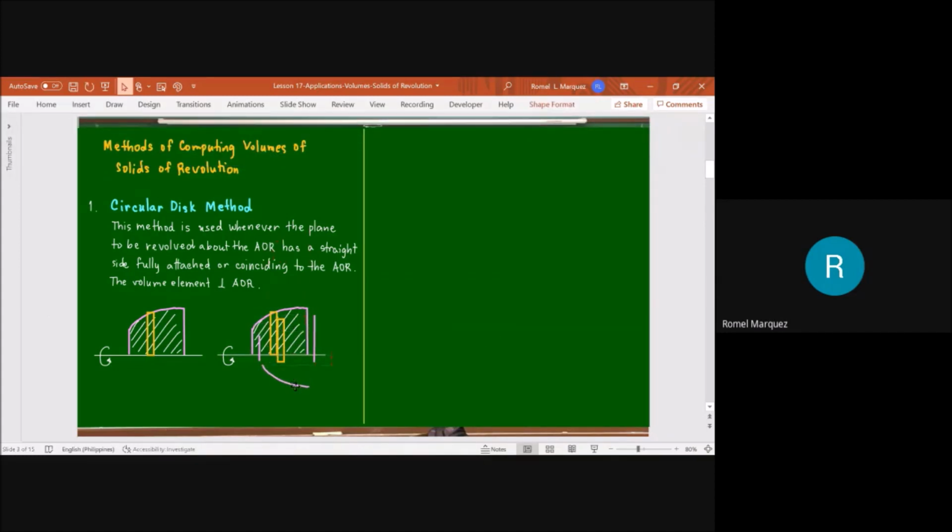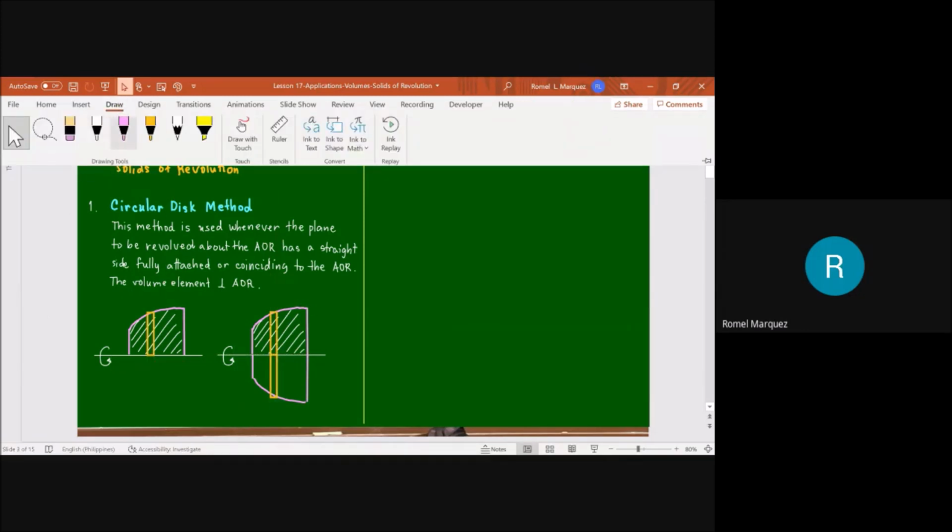Okay, so let's now assemble. So we have this solid. Can you imagine, guys, the solid formed? So this is the approximate shape. This is the reflection.